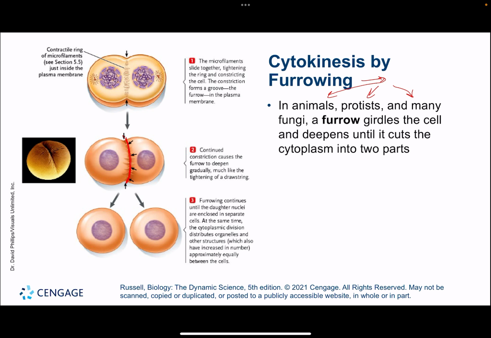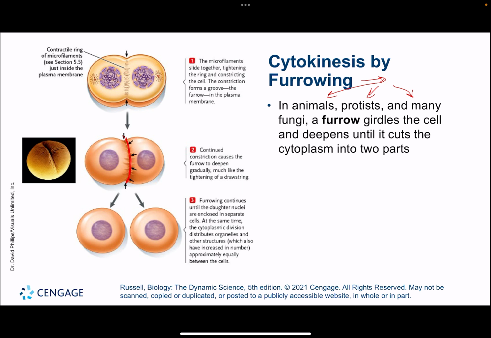The contractile ring will gradually contract, which will cause the cell membrane to form a furrow, what we call the cleavage furrow. This will pinch the cell into two. The cleavage furrow will deepen until the two daughter cells are completely separated by the constriction of the contractile ring and the fusion of the membranes.